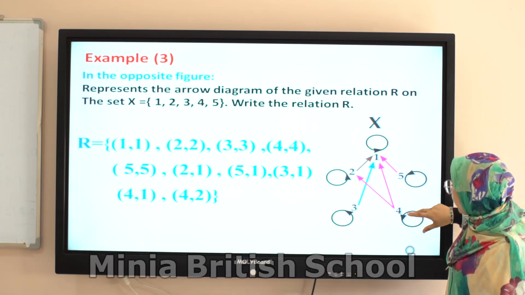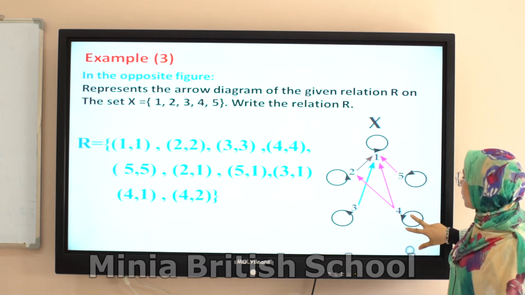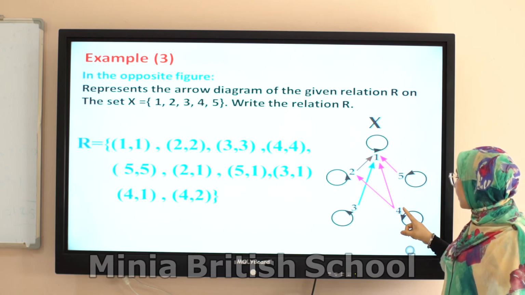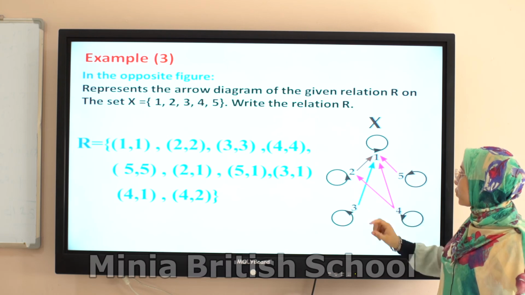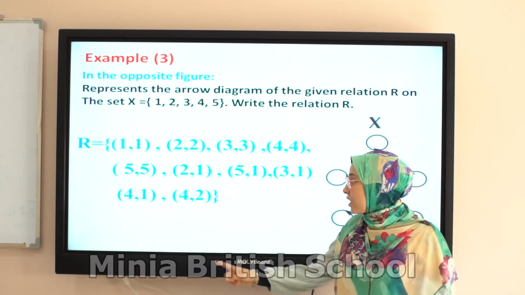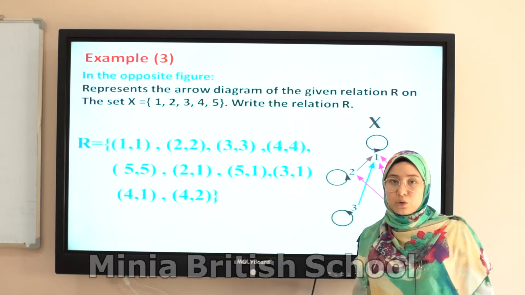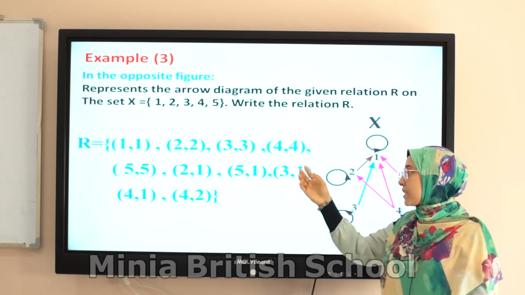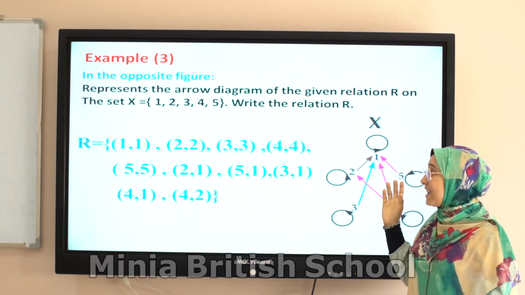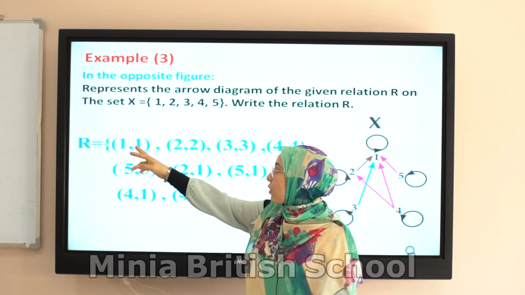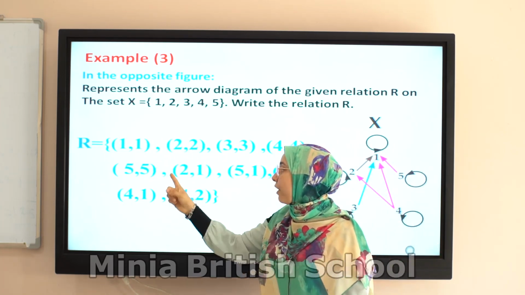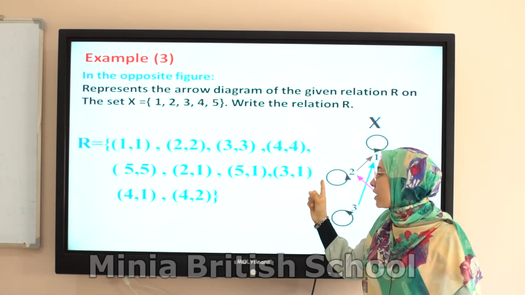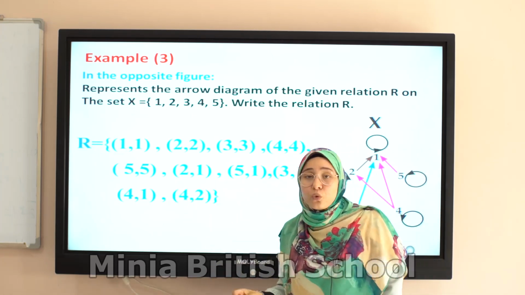And from 4, we have 2 arrows, from 4 to 1, and from 4 to 2. So the two ordered pairs here, 4 and 1, 4 and 2. So the relation represented by this arrow diagram is the set of ordered pairs 1, 1, 2, 2, 3, 3, 4, 4, 5, 5, 2, 1, 5, 1, 3, 1, 4, 1, 4, 2.